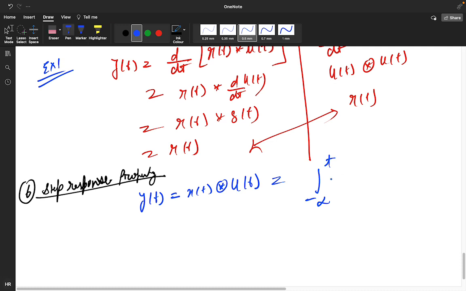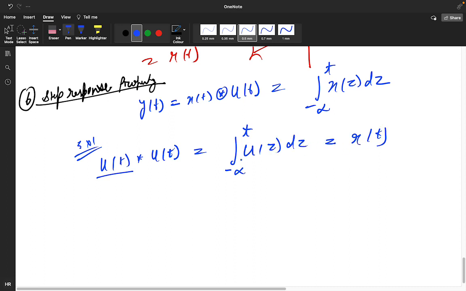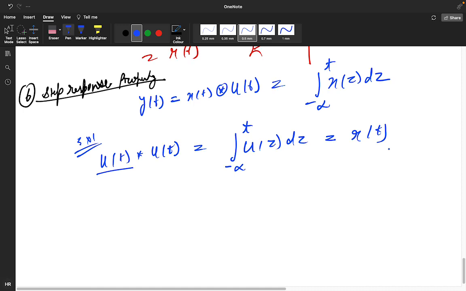Minus infinity to t, simply integrate x of tau d tau. Example 1, you have u of t convoluted with u of t, then you are just taking minus infinity to t and take one function only, u of tau d tau. So it will give you r of t. Integration of u of tau is r of t.